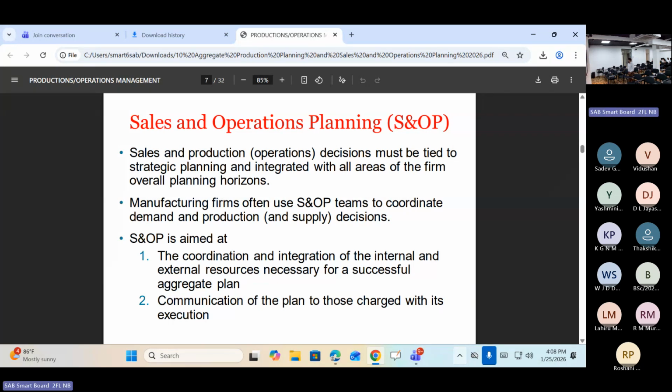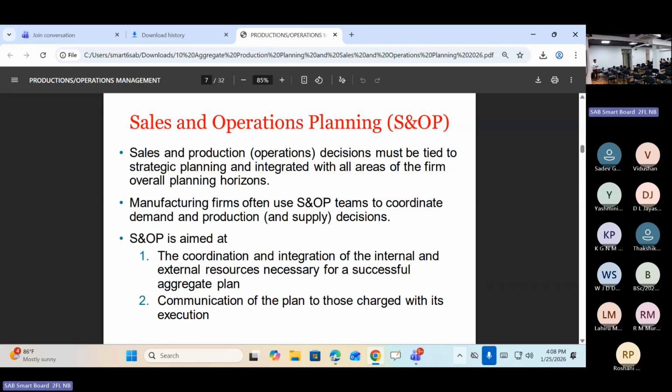As you see here, manufacturing firms often use SNOP teams to coordinate demand and production decisions. This team is aimed at the coordination and integration of internal and external resources required for a successful aggregate plan.